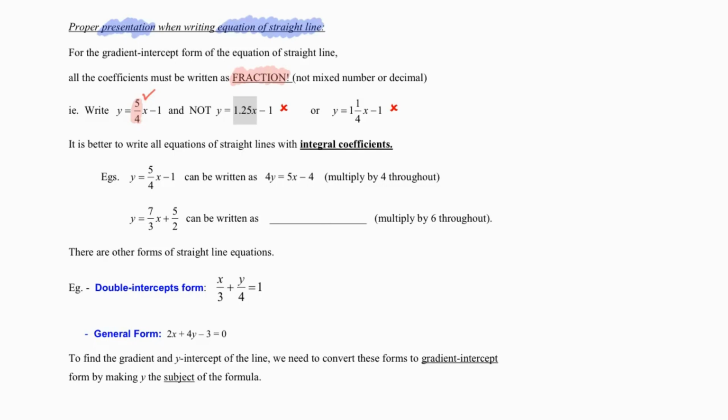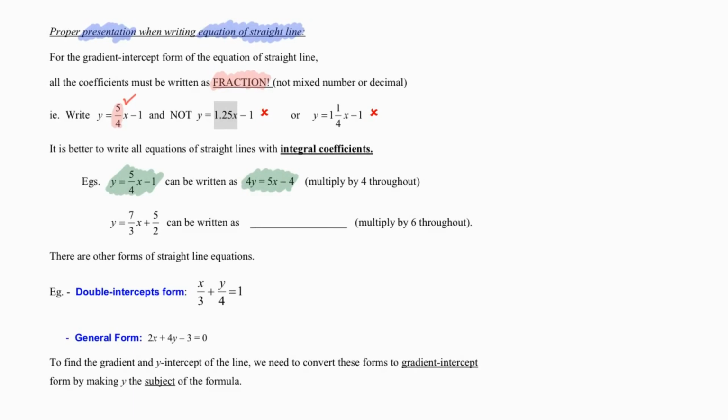Then how do we convert that? So let's take a look at this part. This one, how do we eventually write this? I'm going to do the working at the side so that you all can see it clearly. So y equals 5 over 4 x minus 1.